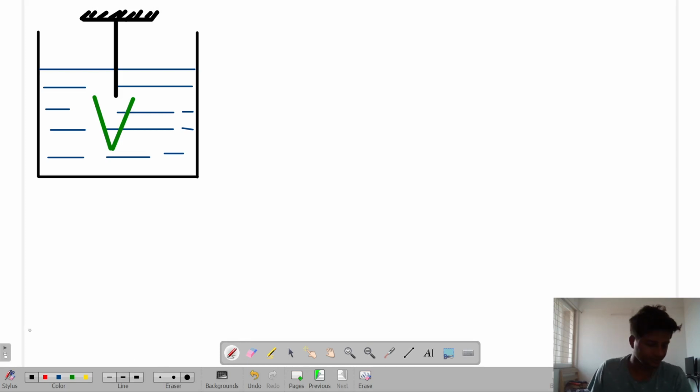The point is atmospheric pressure is P naught, and the height from top level of the water surface to the level of cone is H1.